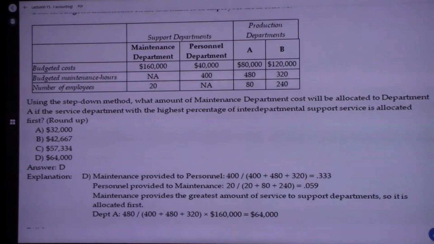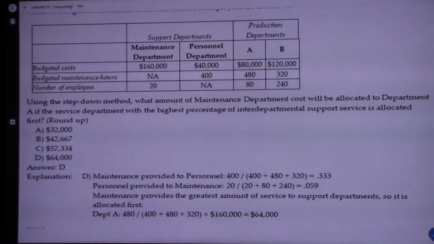Divide 480 maintenance hours allocated to production department A by the total maintenance hours allocated to the 3 departments, and multiply the result by the total cost of the maintenance department, which is 160,000 US dollars.